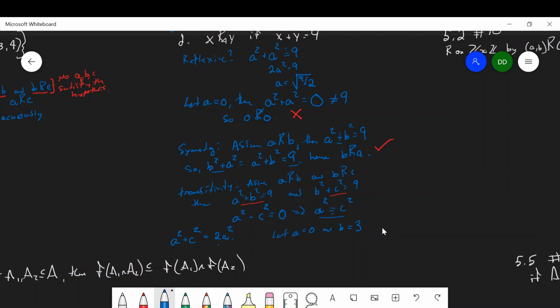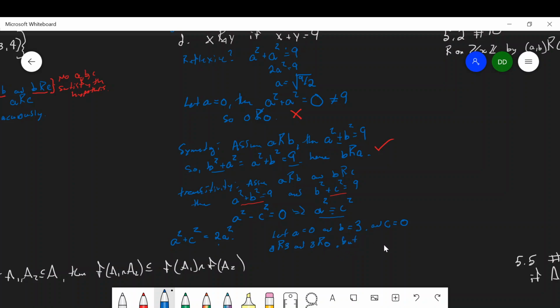Yeah, why don't we go with that? Let b be equal to 3 and c equals 0. Right, so I know 0 is related to 3, since 0 squared plus 3 squared equals 9. And I know that 3 is related to 0, by symmetry, or I could just check the equation.